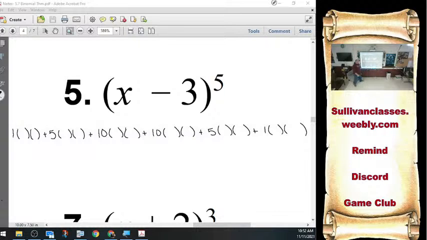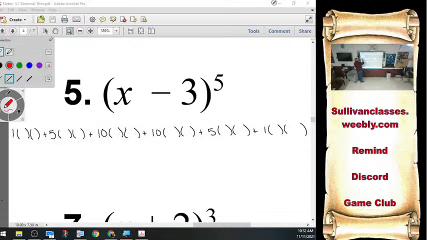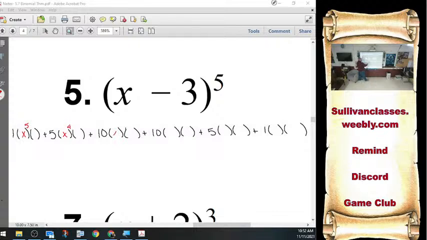Okay. Set that up. Plug in your a and b term with descending and ascending exponents. And can you simplify it correctly? Okay. I know that I'll have x to the 5th, x to the 4th, x to the 3rd, x to the 2nd, x to the 1st, x to the 0.